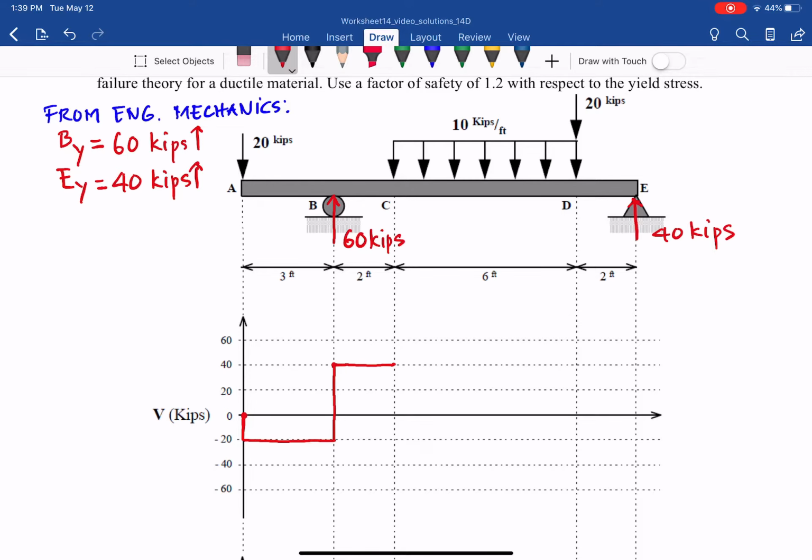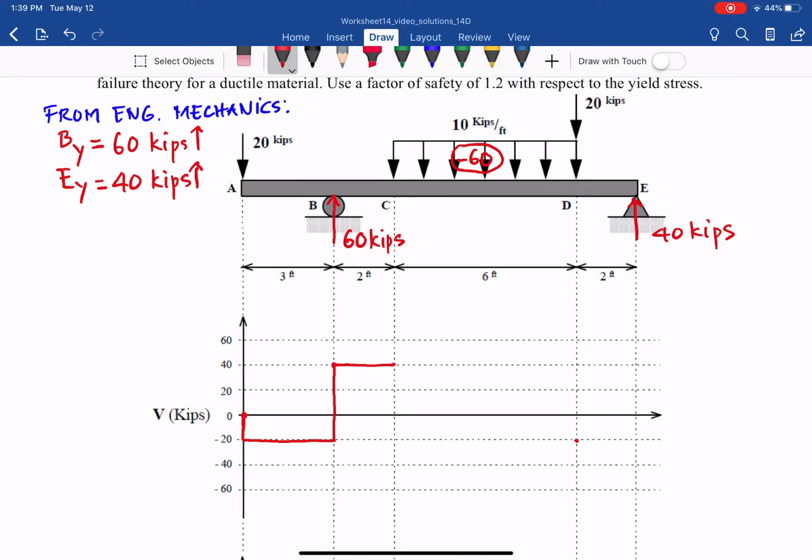And at CD there is a distributed load, and the area here is 6 times 10 kips per foot, so negative 60 kips. That creates a change in the shear diagram. So from 40 we go down to negative 20, making the change negative 60.